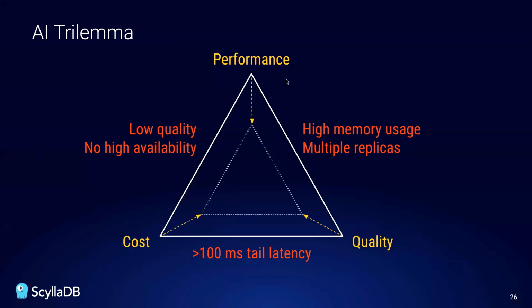Okay, a few words about the AI trilemma. So the AI trilemma is similar to the CAP theorem, but different. It states that we want to achieve three different attributes when we're talking about an AI application. One is performance. We want the performance to be as fast as possible. We want the cost to be as low as possible, of course.